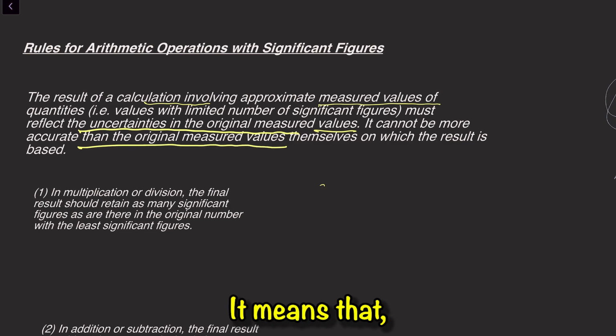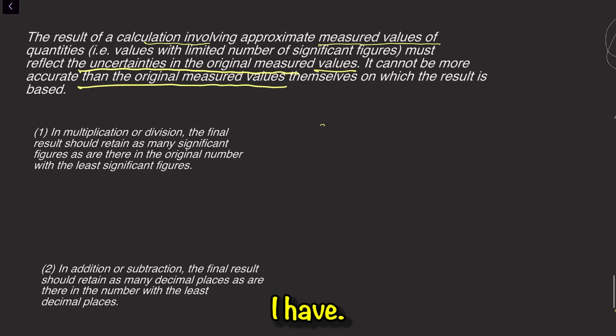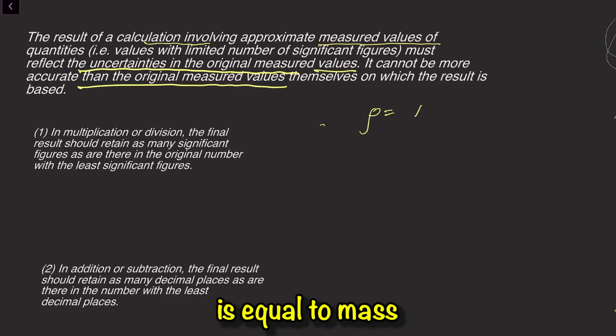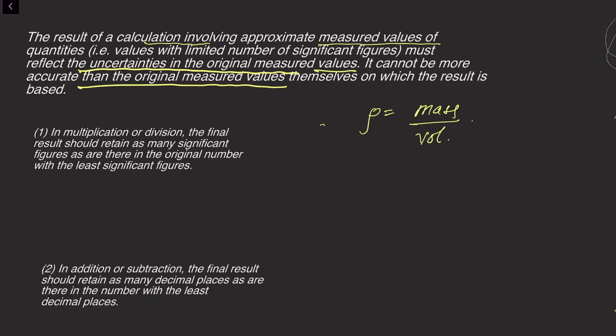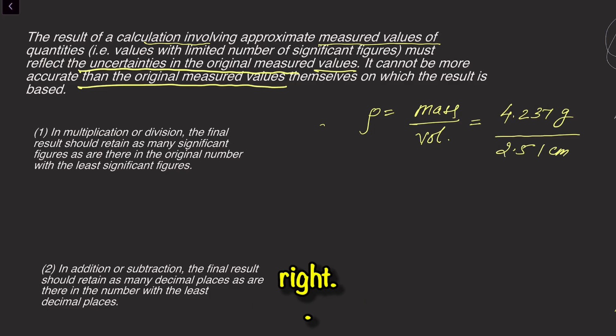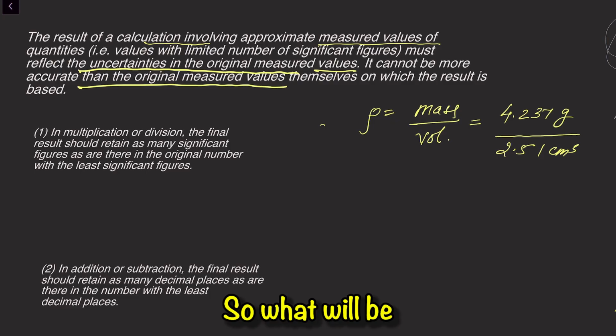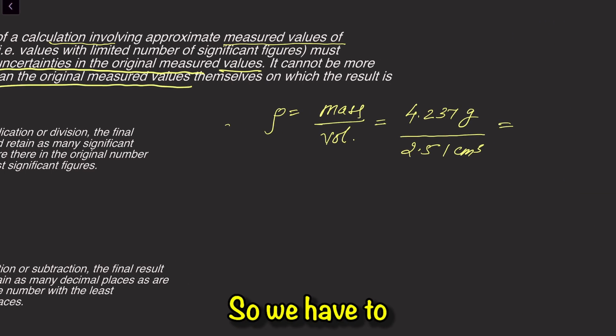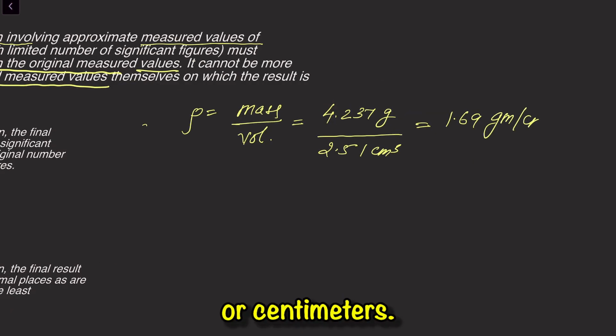It means that, let's say I have density equal to mass upon volume, and the mass is 4.237 grams and the volume is 2.51 centimeter cube. So what will be the density?